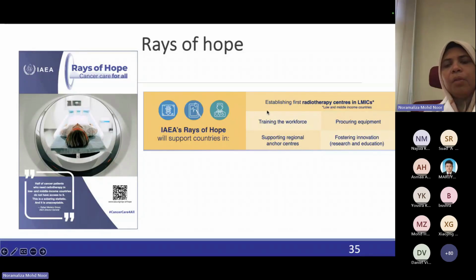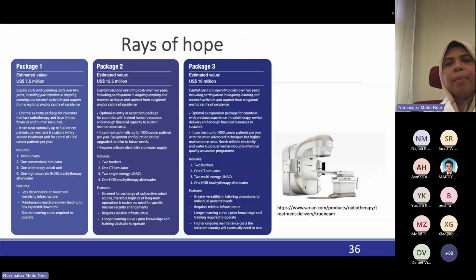This is to make sure that all countries have access to cancer treatments. So this is the package that has been offered through this initiative. You can read more later on.